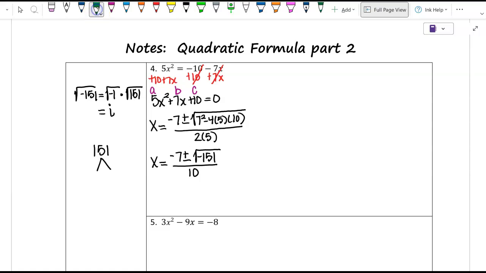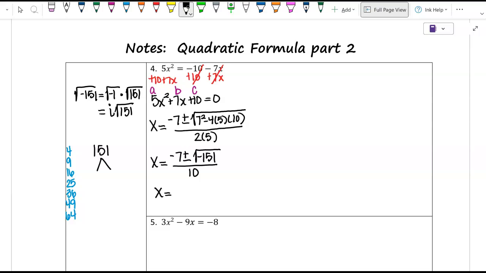Are there any perfect squares that are factors of 151? So we're looking at 4, 9, 16, 25, 36, 49, 64. Do any of those divide evenly into 151? No, there are no perfect squares that are there. None of those work. So this would just be I radical 151. The I telling us it's an imaginary solution because we got that negative under the radical.